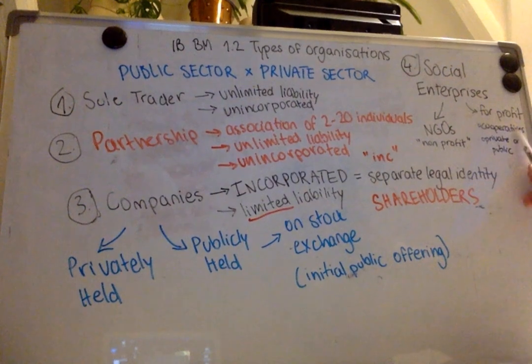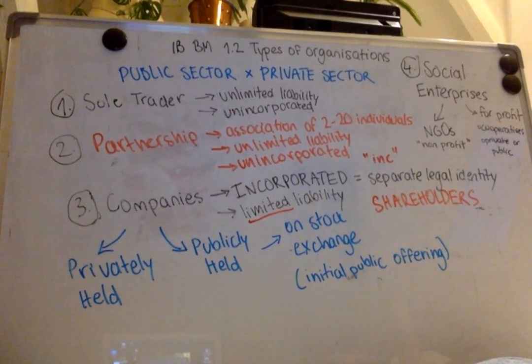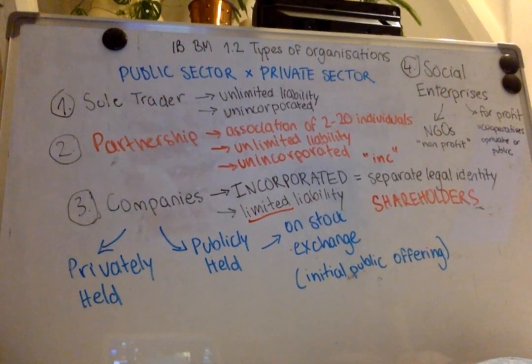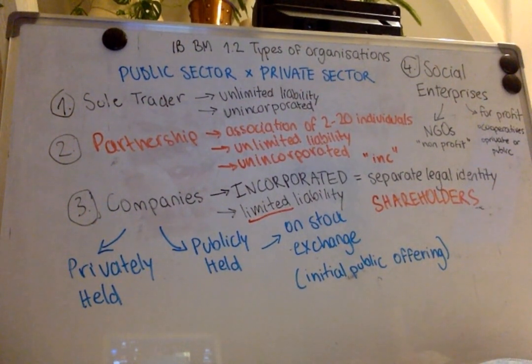And then we have cooperatives. What cooperatives are is an association of people that unite to meet some of their common economic, social, or other needs through a jointly owned and democratically run enterprise.